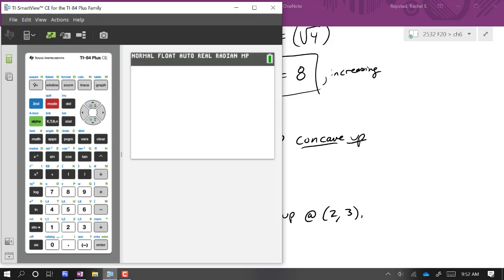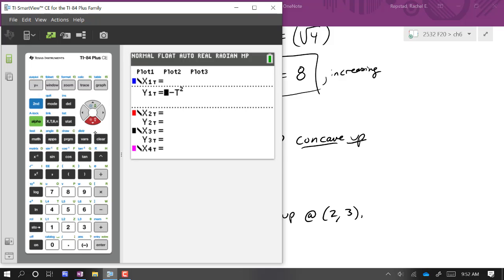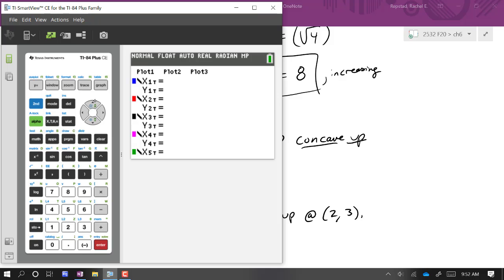Now hit your y equals button, and it looks different now, right? So let me clear these out. Now you can see for each color curve, there's a pair of equations, X1T, Y1T, X2T, Y2T. So we're going to plug this pair of equations into X1T and Y1T.